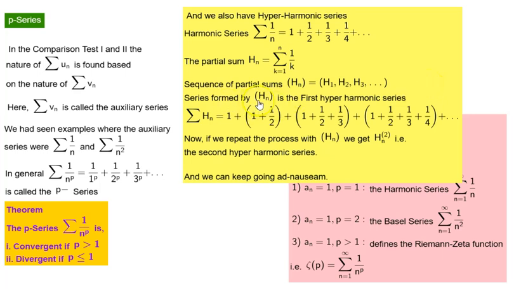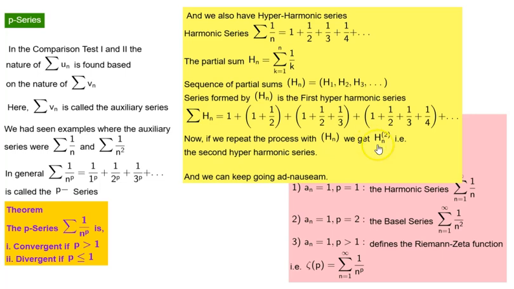So the series formed by the sequence of partial sums is the first hyperharmonic series. If we repeat the process with the sequence of partial sums, we get the next hyperharmonic series.